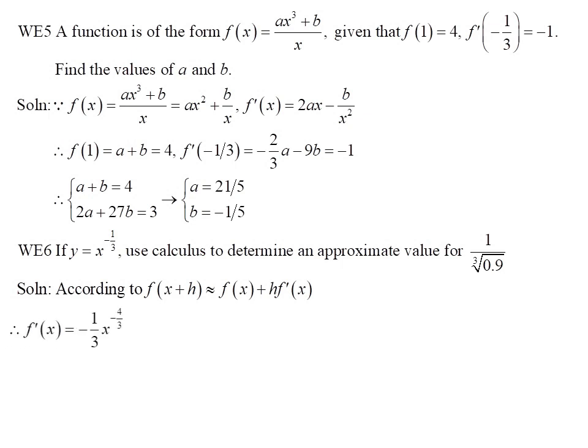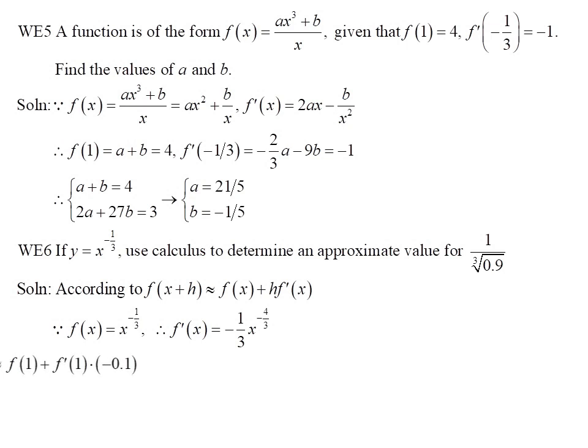Based on the given function f of x, we can find its derivative f prime of x, which equals negative 1/3 times x to the power of negative 4 over 3. Hence, f of 0.9 approximately equals f of 1 plus f prime of 1 times negative 0.1.